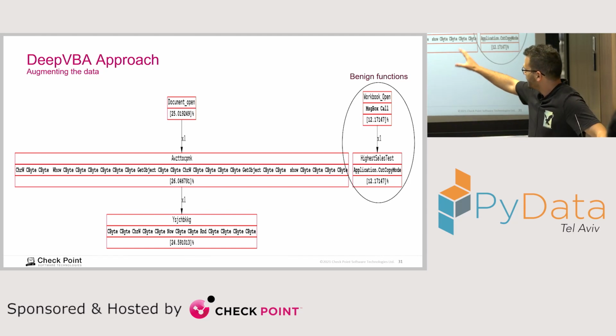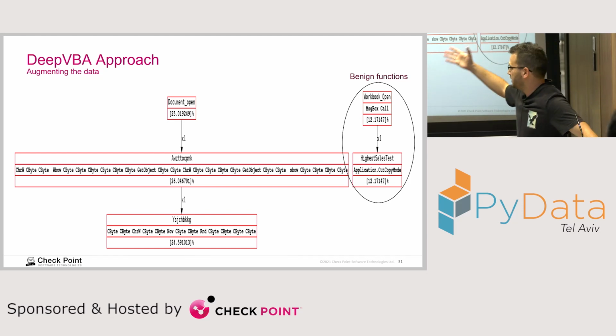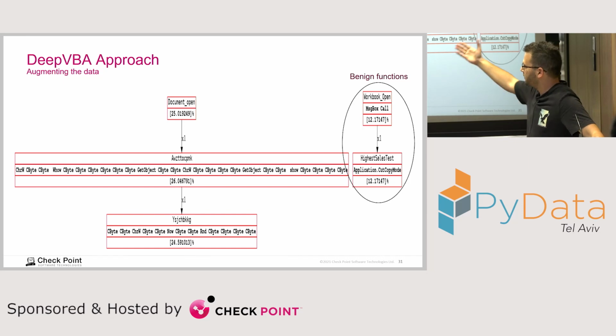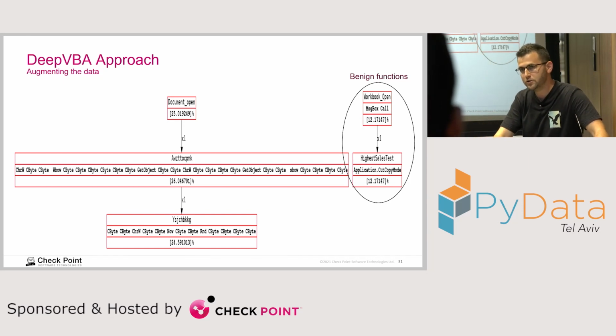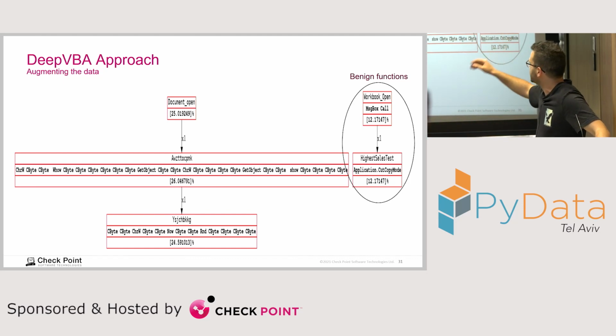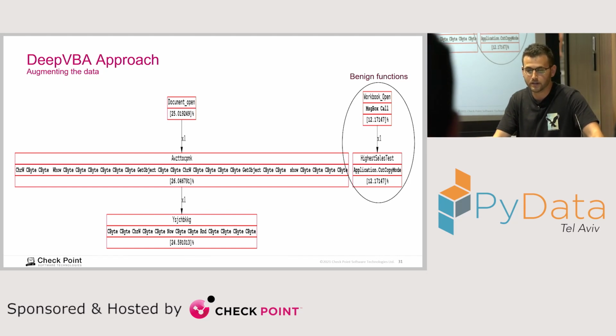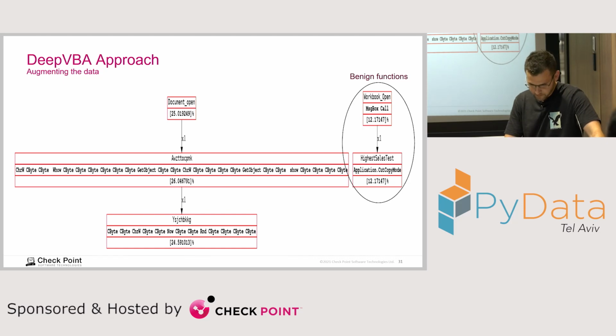You can see here that the model still learned: the attention layer gave more weight to the malicious nodes, which were in this case the Emotet functions, and gave smaller weights to the benign functions. So that's a cool way for us to also augment our data. We can later use benign functions to augment our data and enrich our malicious database. And it also adds to explainability.